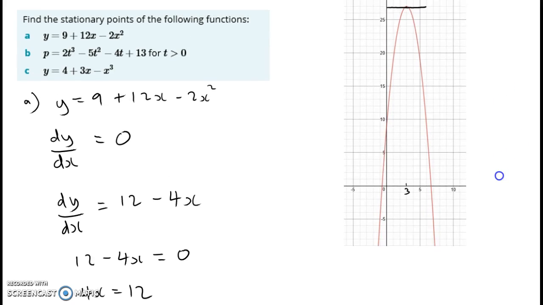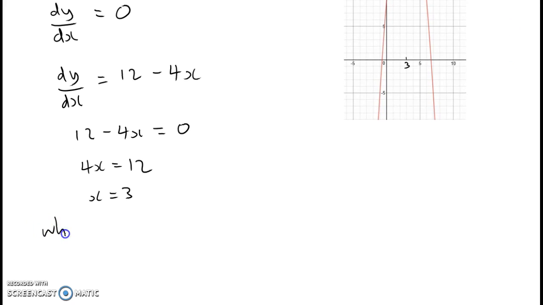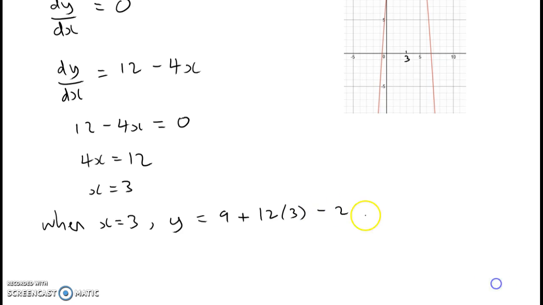But we were asked to find the coordinates, or the points, so we can sub when x equals 3 into our original rule. So we'll get y equals 9 plus 12 times 3, minus 2 times 3 squared.